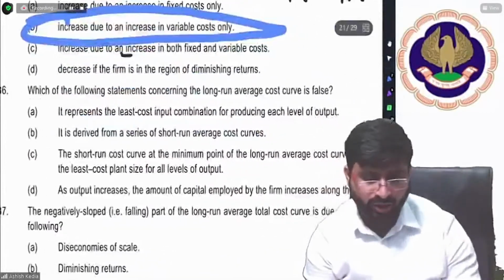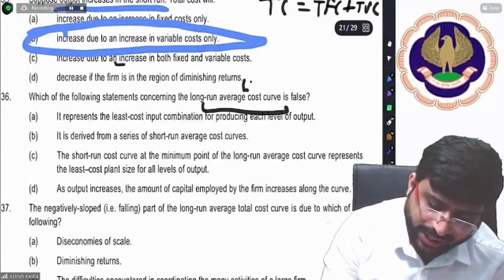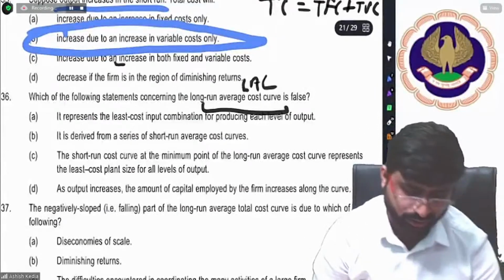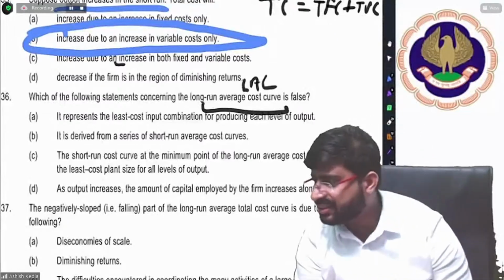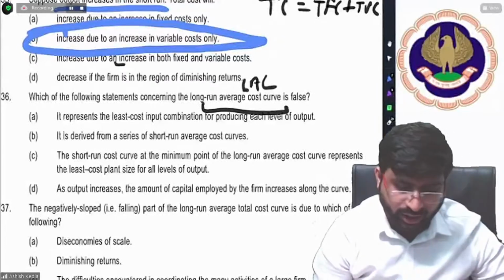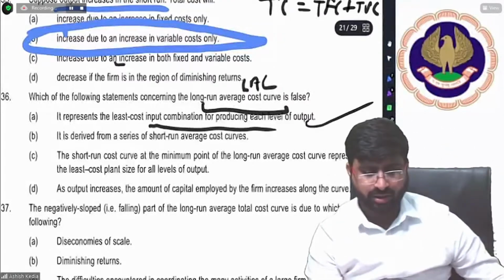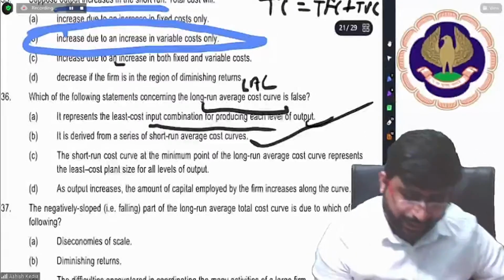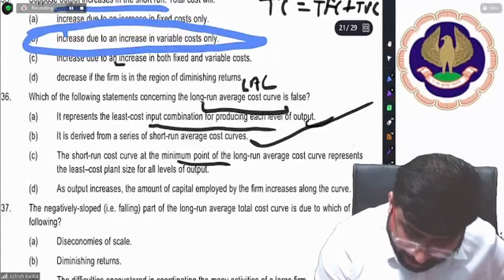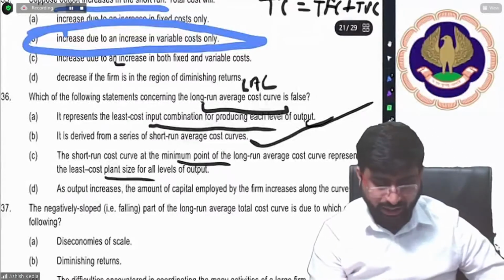Which of the following statements concerning the long run average cost curve, LAC, is false? It represents the least cost combination. Correct. It is derived from a series of short run curves. Correct. The short run curve at the minimum point of the long run curve represents the least cost plant size for all levels of output.